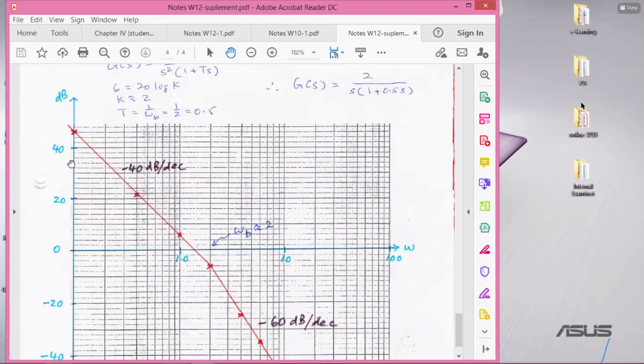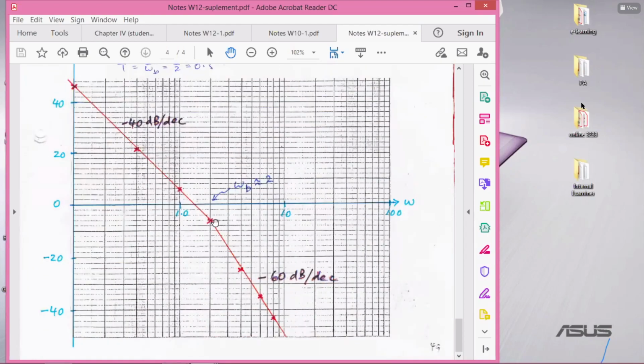But you raise the curve by some 6 decibel. So you're going to have a constant where 20 log k is equal to 6. And then this is your break frequency where the slope changes from negative 40 to negative 60 decibel. There's one time constant there. So the break frequency is equal to 2.